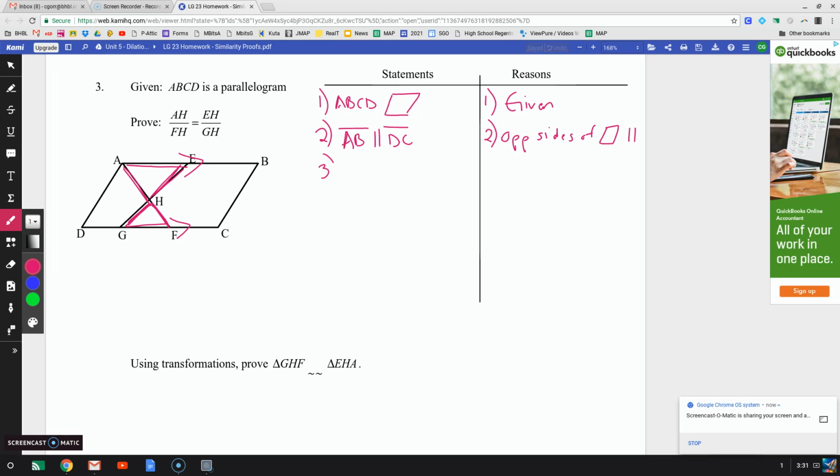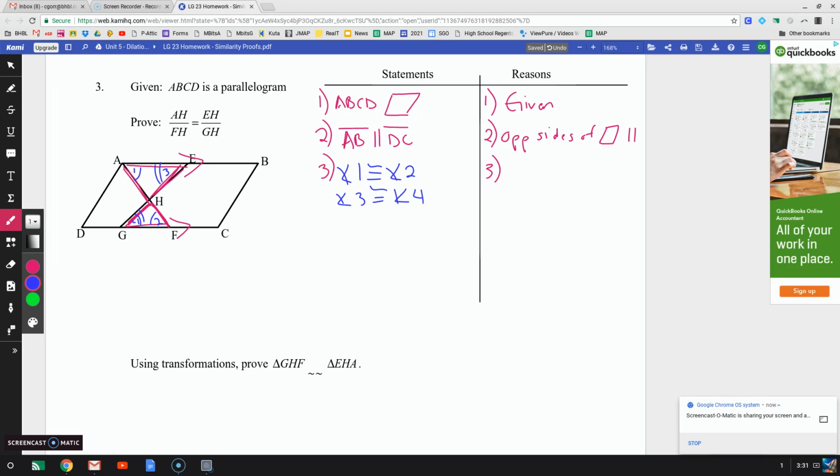So now that I know that they're parallel, well, that gives me some great information. I have an angle here congruent to an angle here, my alternate interior angles. My angle here congruent to my angle here. Again, alternate interior angles. So angle 1 is congruent to angle 2. Angle 3 is congruent to angle 4.